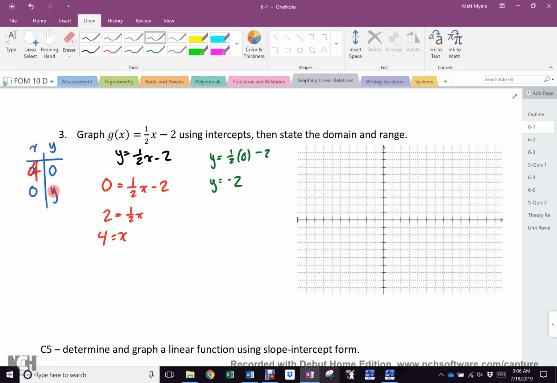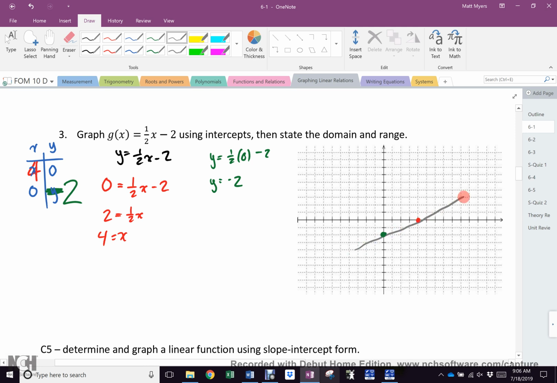You see a y. What does y equal? -2. Now, can I draw my graph? Yup. Because I put a red dot at 4, 0, and I put my green dot at 0, -2, and I connect the line.